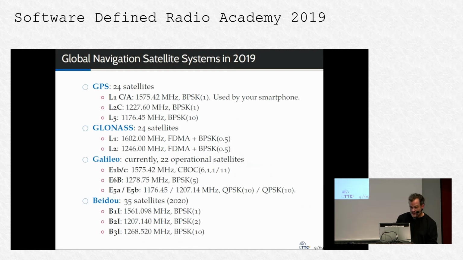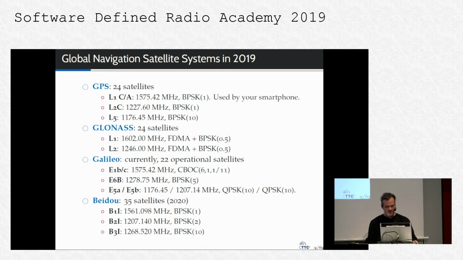Here you have the list of open service signals that you have today. GPS, we have 24 satellites. They are broadcasting open service signals in 3 different bands. They call L1 the one that you probably have in your own smartphone. But we have more systems. We have the Russian GLONASS system, also with 24 satellites, different bands.